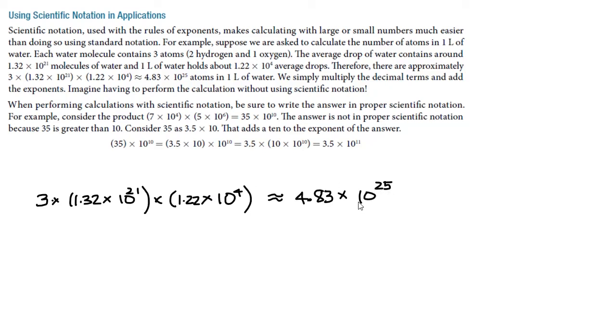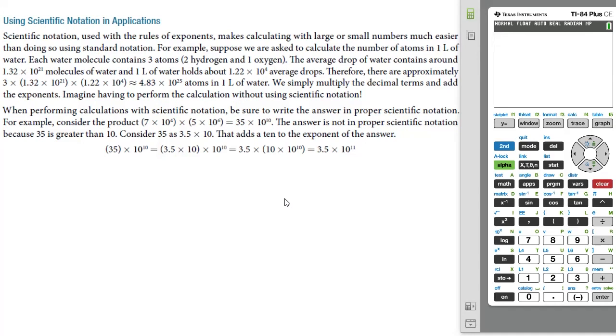There's 4.83 times 10 to the 25 atoms in 1 litre of water. Now, when performing calculations with scientific notation, you want to write the answer in scientific notation as well.